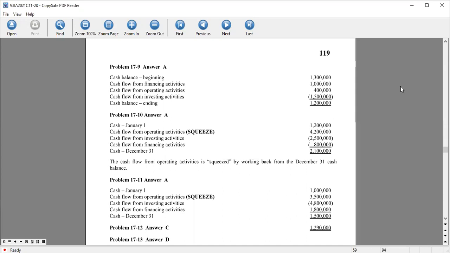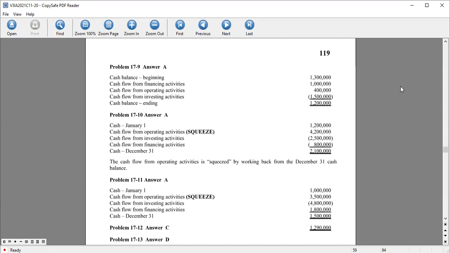Then to number 11, we have now the January 1 balance of 1 million. Then the cash flow from operating activities, question mark. From investing, it's negative 4.8. From financing, it's positive 1.8. So we now get the amount of cash flow from operating activities. Again, just like number 10, 1,500,000.